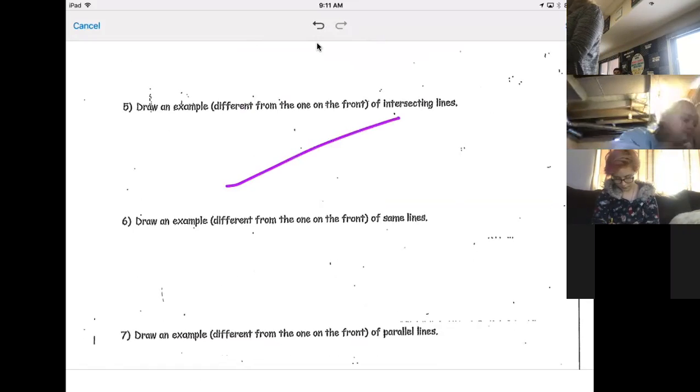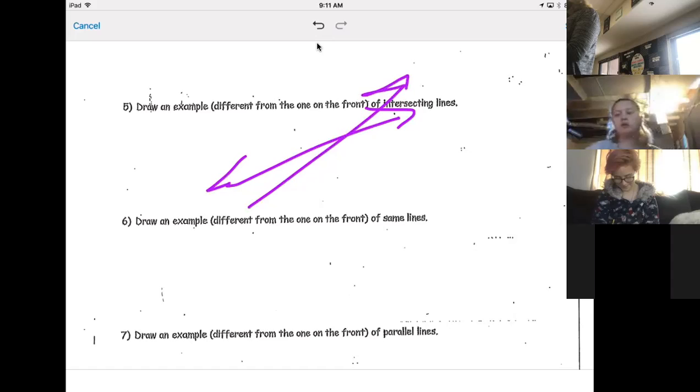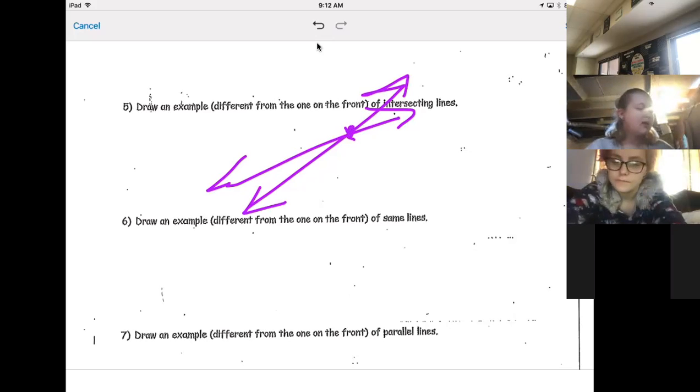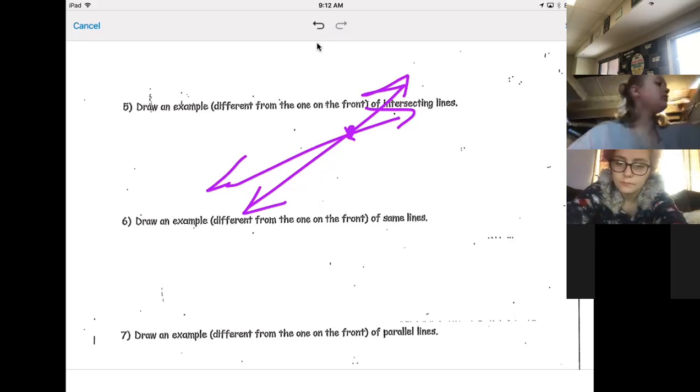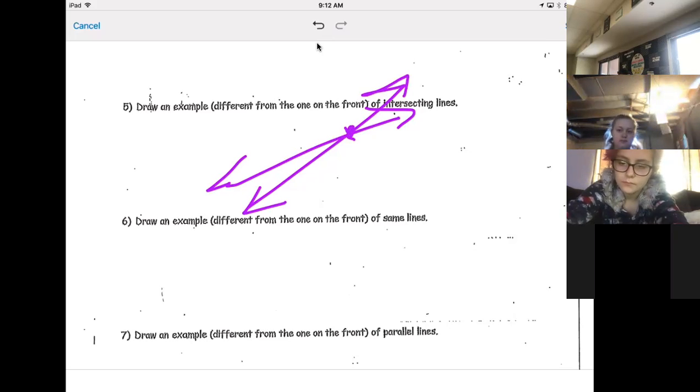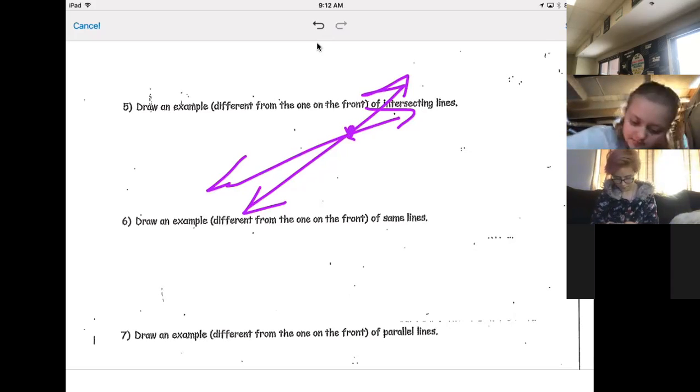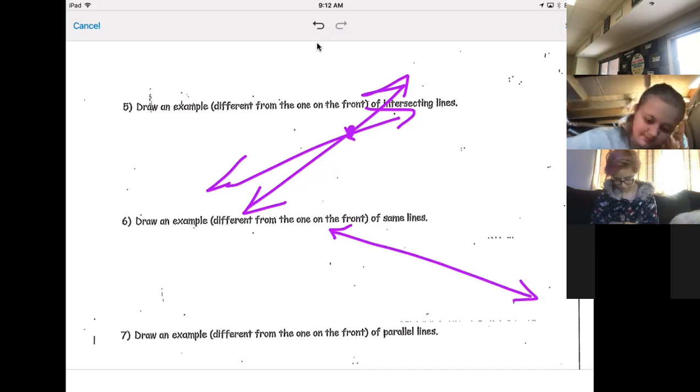All right, so I don't know, I could do this. There it is. I could do anything as long as they touch in one spot. Draw an example different from the one in the front of same lines. So identical lines. If I were able to do 2 different colors, I would do 2 different colors.